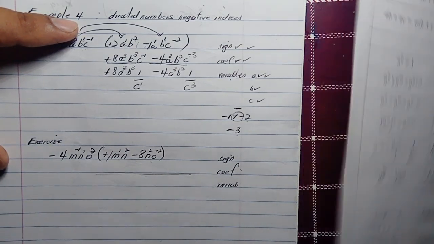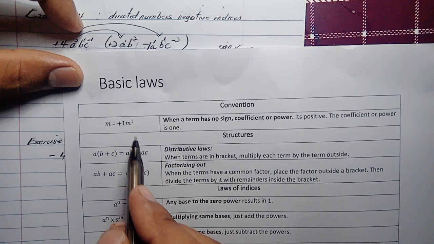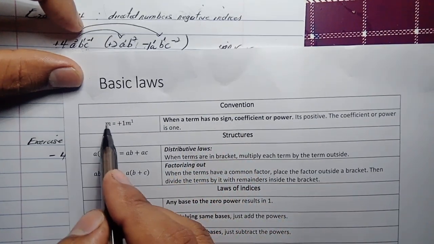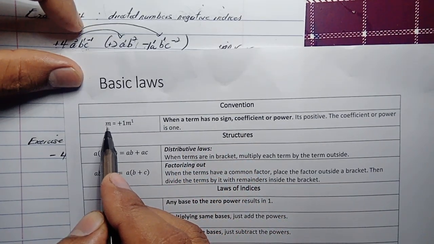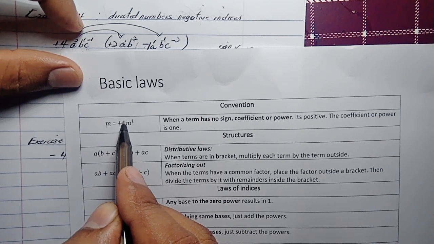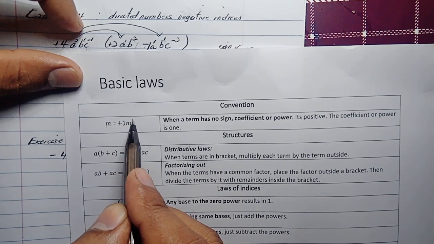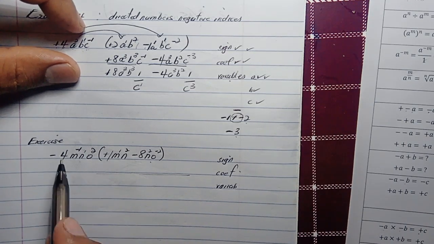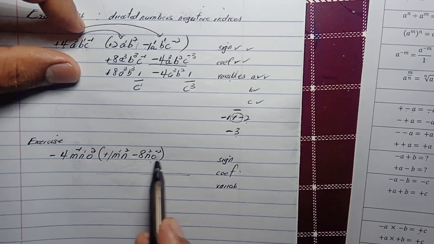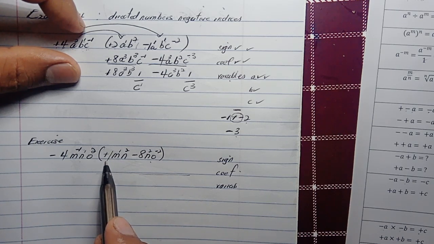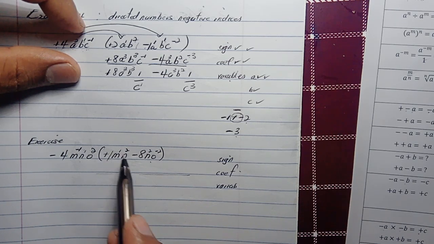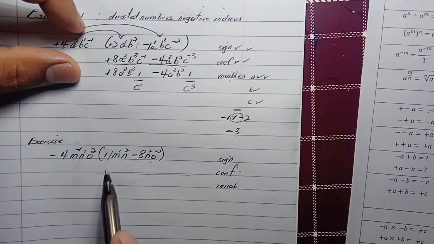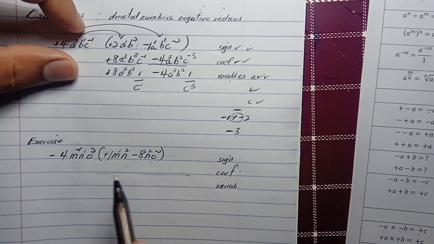In the handout, it tells you a convention: that this by itself means a positive is in front, a 1 is in front, and a power of 1 is there. So this is the first thing that we have to do when we're dealing with this kind of multiplication. We make sure that the convention is there: positive, coefficient of 1, and power of 1. If it is not there, you put it in.